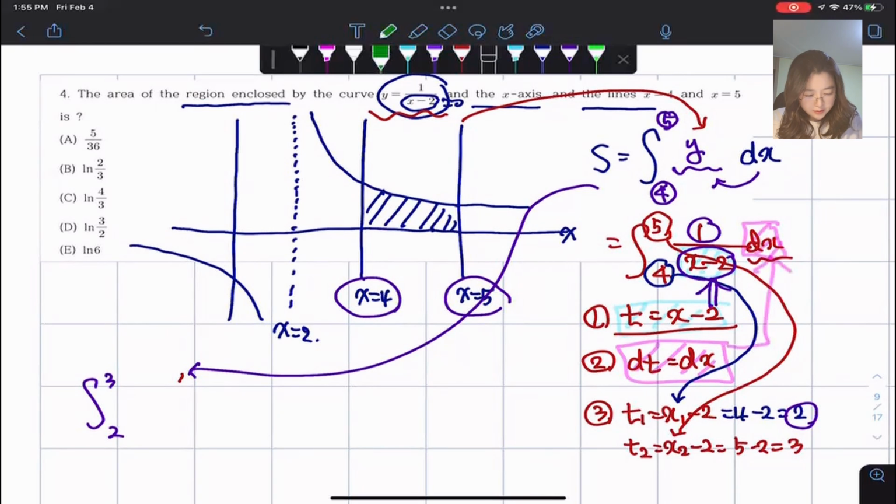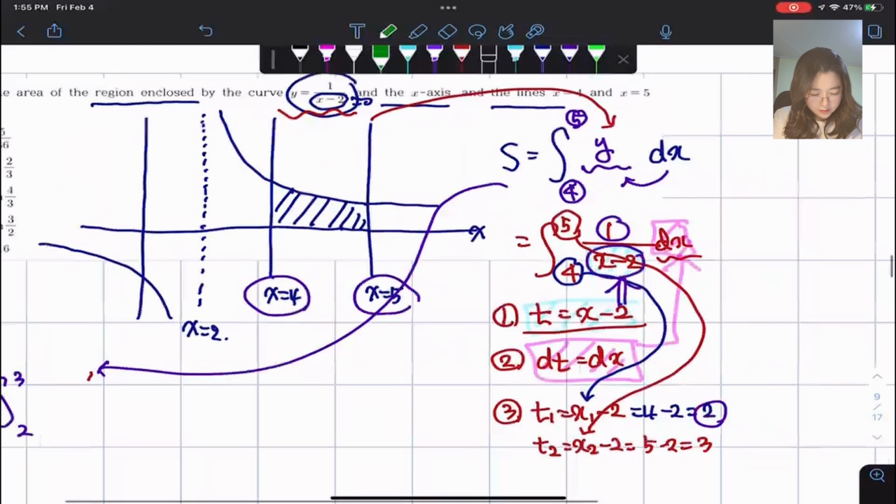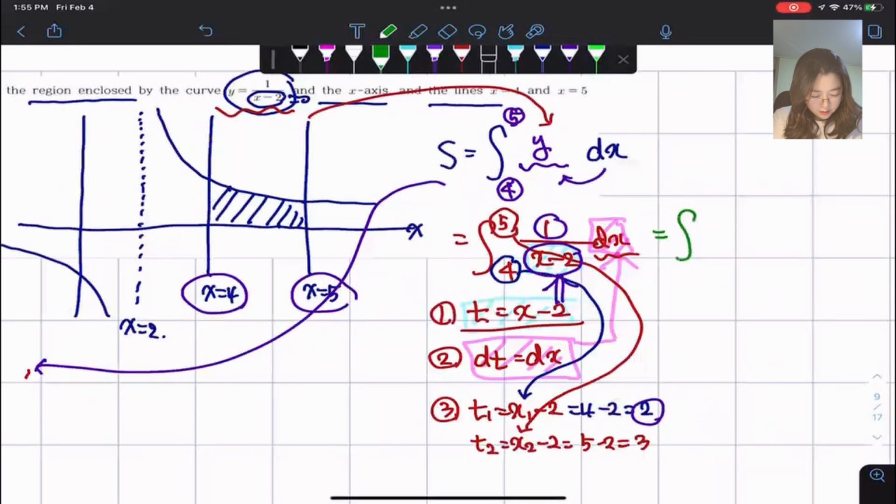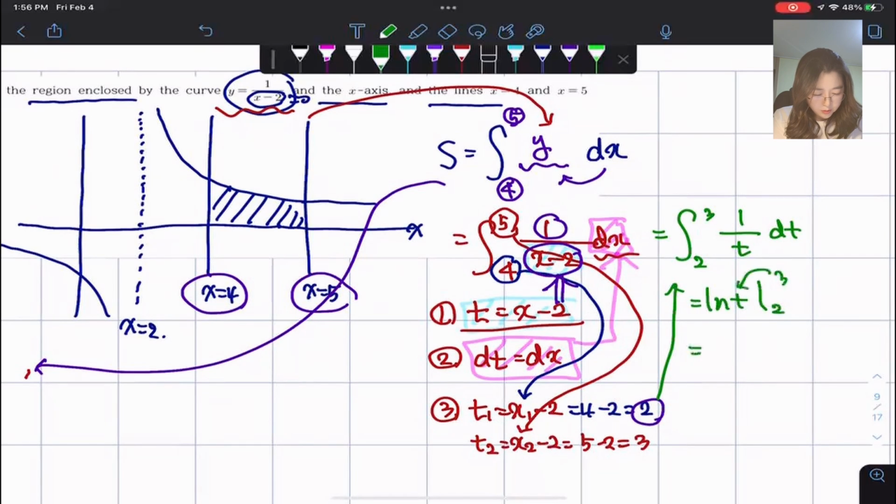So I can rewrite it as the integral from 2 to 3 of 1 over t dt. This is ln t from 2 to 3. Plug in this value, ln 3 minus ln 2. The final value is ln 3 over 2.